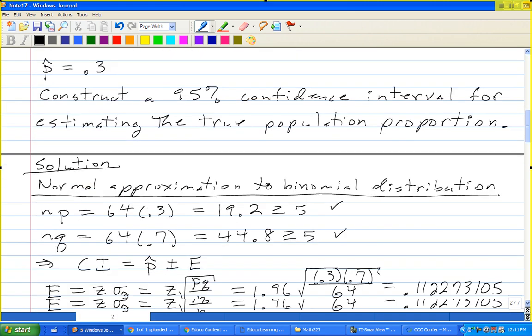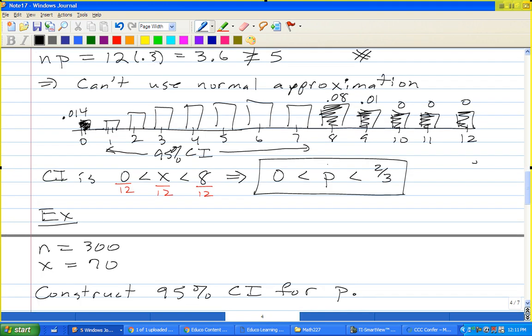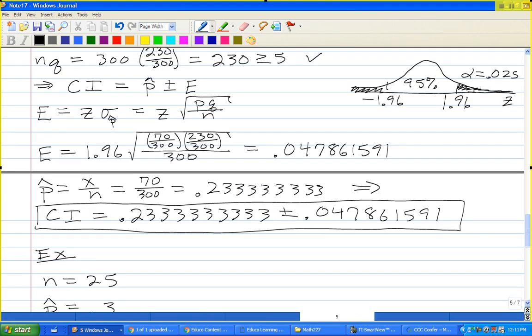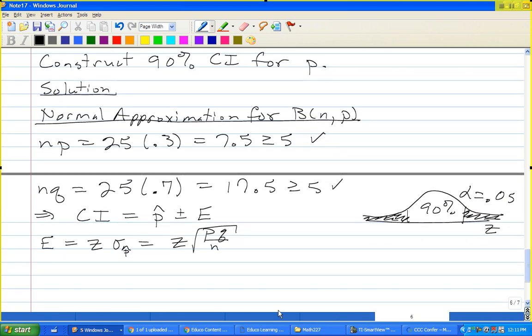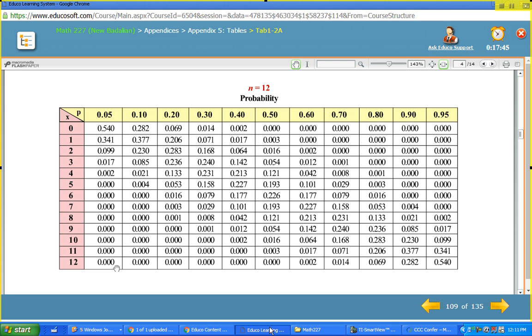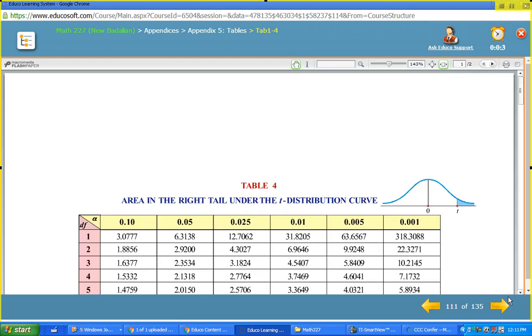I did 95%, 95%. No. Okay, so let's look in the table for 90%. So 5% on each side gives you a 90% in the middle.